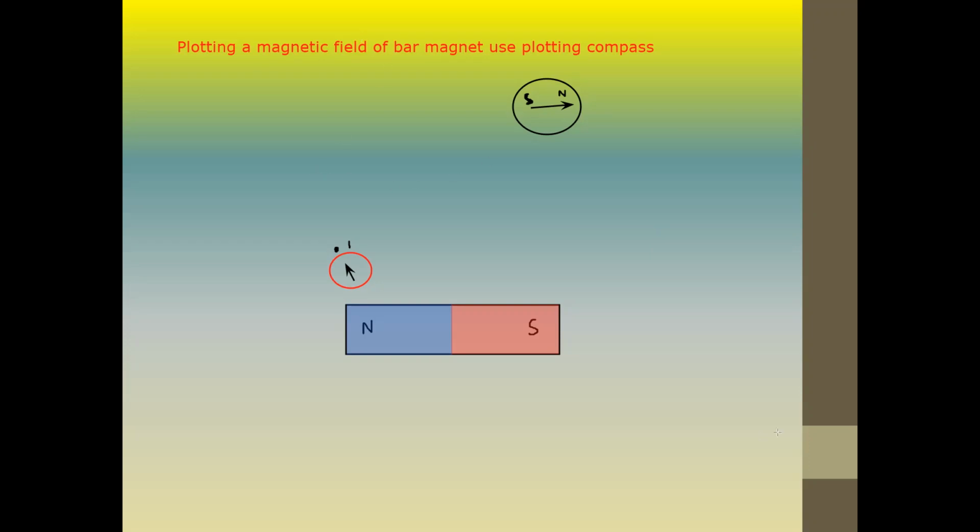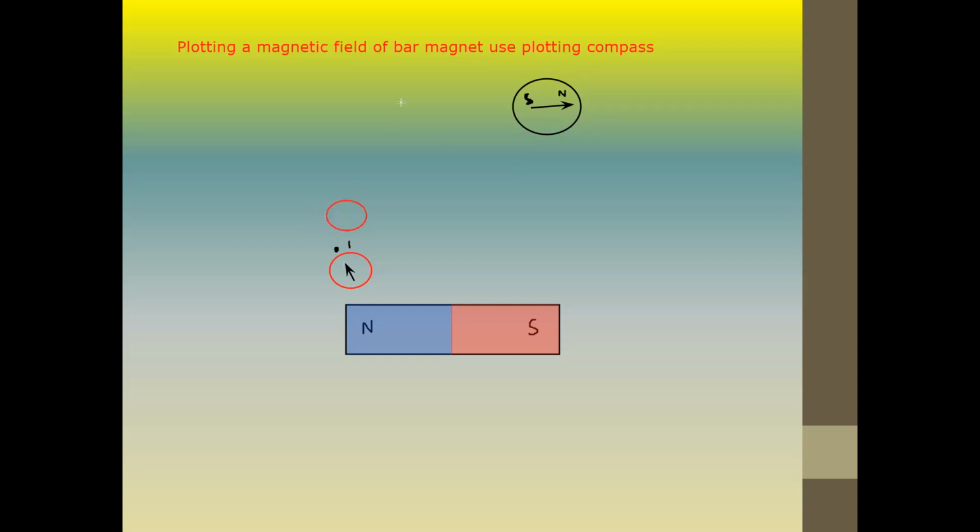So you will place another compass, and move it until the tail, the tip of this plotting compass, is in line with the last point which you marked.